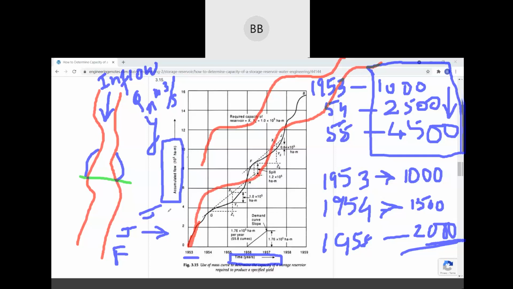Then these peak points are called flood points, and when it comes to a minimum point, those are called dry points. So when you plot the graph, you have to identify your flood and dry points.